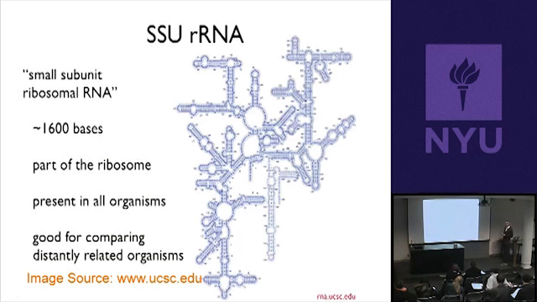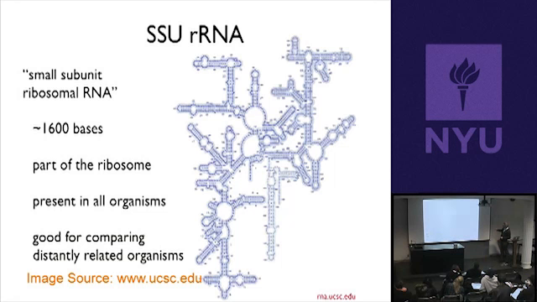There are two major RNAs that contribute to the ribosome: the small subunit and the large subunit. SSU rRNA is an acronym for small subunit ribosomal RNA. It looks like this. Don't worry about what this picture is, but you can see that there are letters here: A's, C's, G's, and U's.